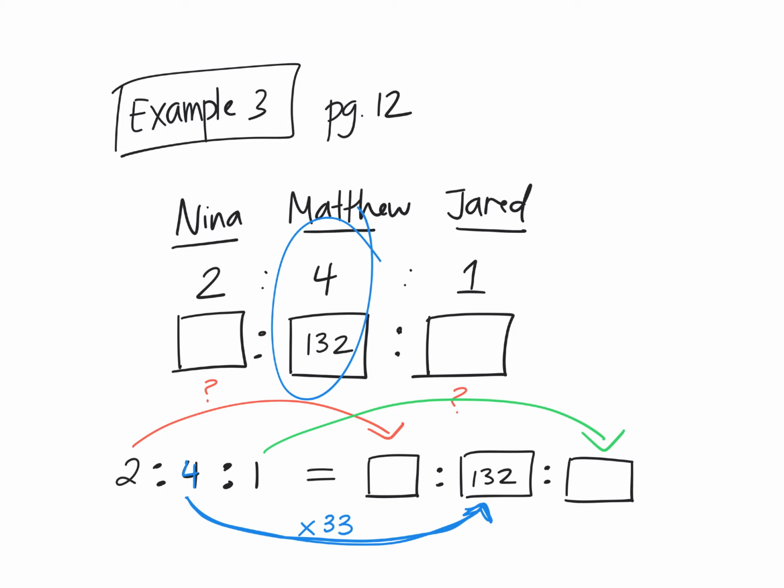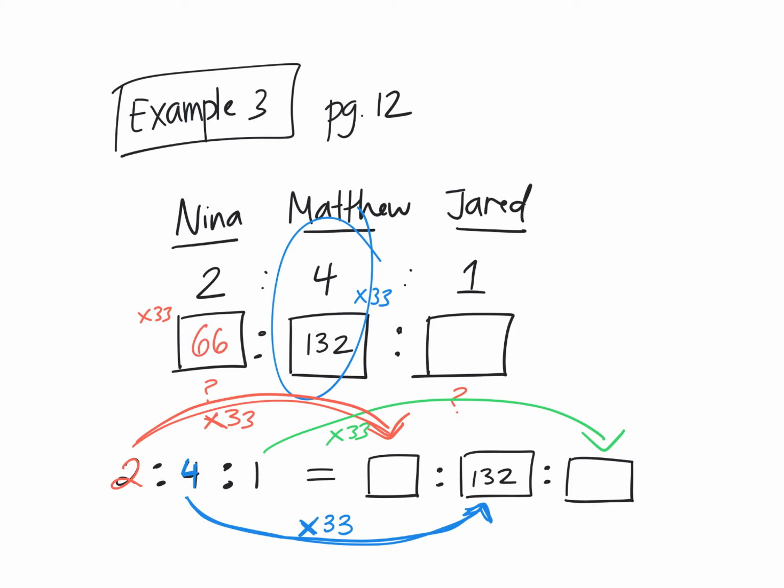Yes? If I multiply this number by 33, so 4 times 33 is 132, what do I have to multiply every other number by to make sure that they're equivalent? 33. So we're going to multiply 2 times 33 to get Nina's results. What's 2 times 33?